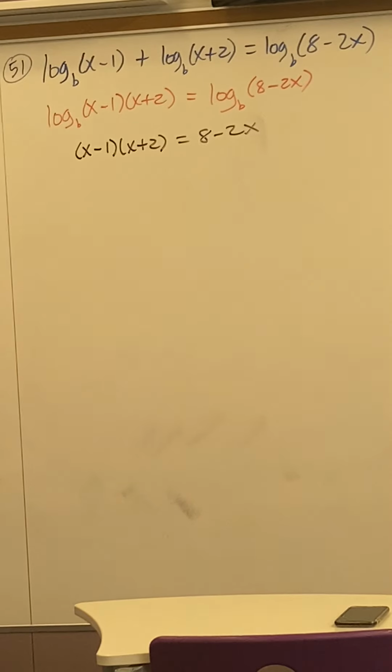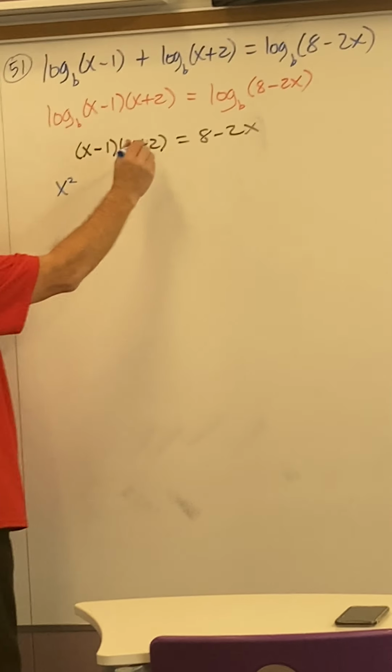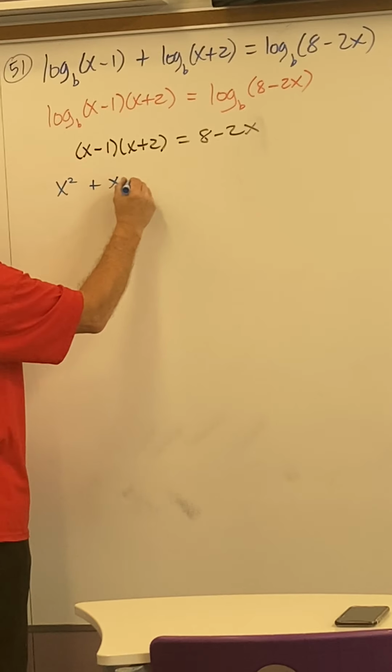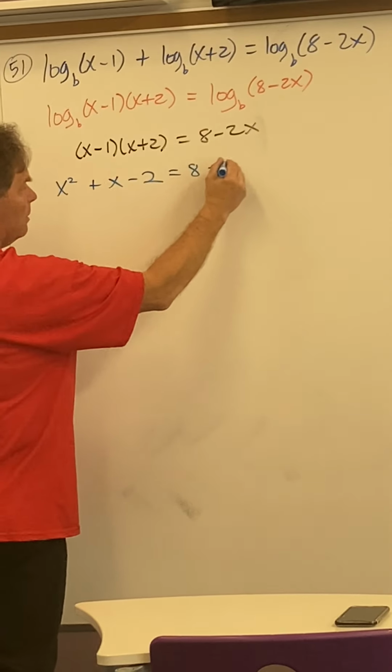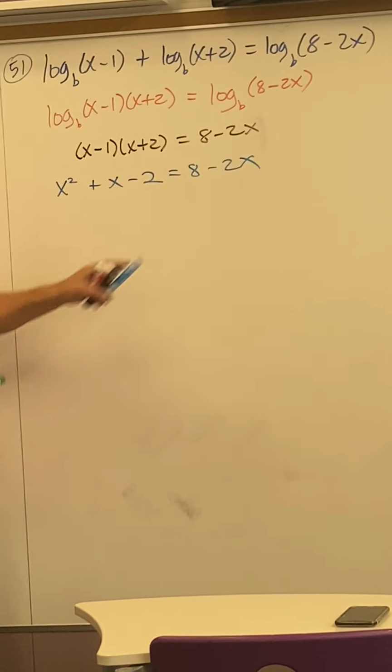There we go. Now, obviously, FOIL this out. So we're going to get x squared plus 2x minus 1x is plus 1x minus 2. That's what that guy FOILs out to be. 8 minus 2x. Okay, my square term's over here. It's positive in front of it. So I want to wipe out this side.